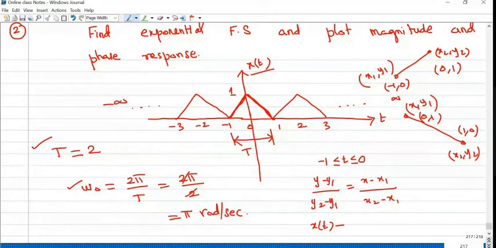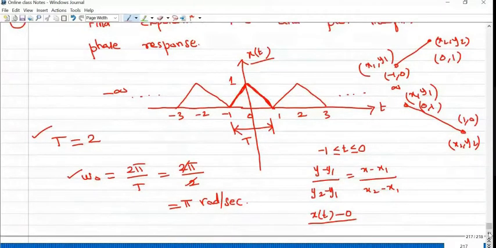So x of t minus y1, where this particular point x1, y1 is -1 comma 0, divided by y2 minus y1. What is y2? The y2 value is 1, minus 0, equal to x, which on the x-axis is the variable t, minus x1, that is minus of minus, plus 1, divided by x2 minus x1.